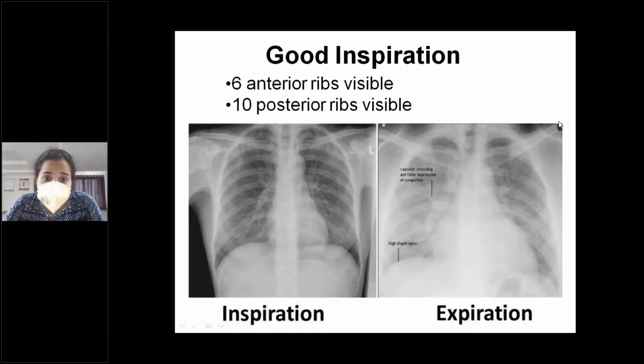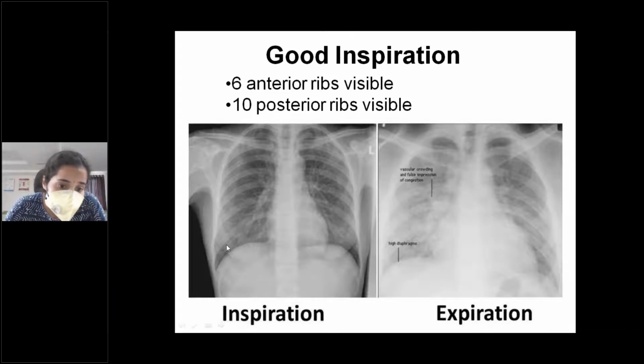Next, another factor we should look for is good inspiration. You always advise the patient, through the technician, to take the film in full inspiration. What full inspiration means is that you should be able to see 10 posterior ribs and 6 anterior ribs on a radiographic film.